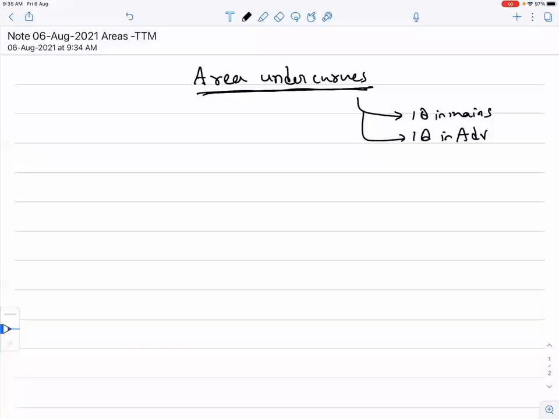The idea behind an area question is that there are a few steps involved, and every step is equally important.